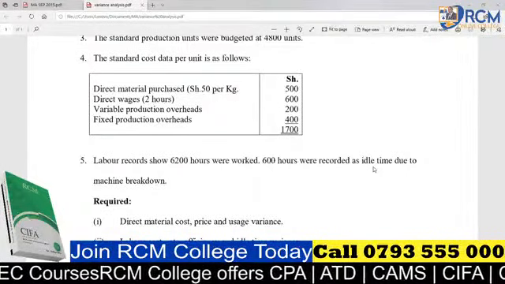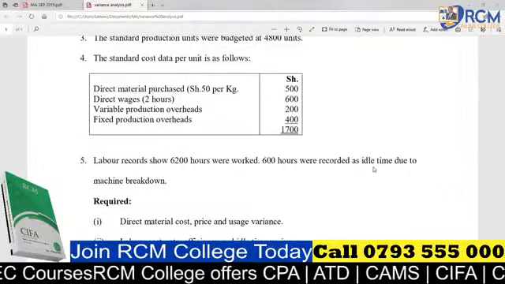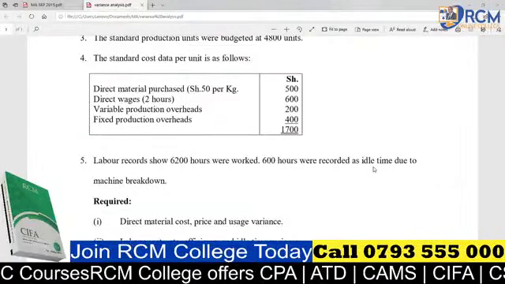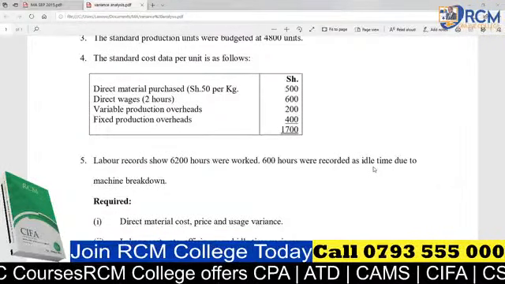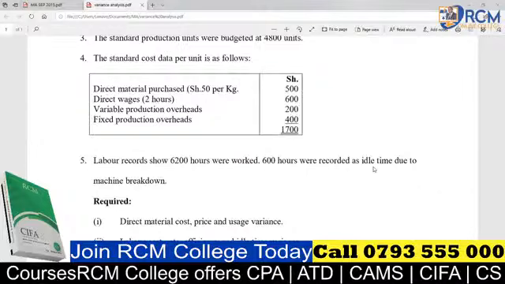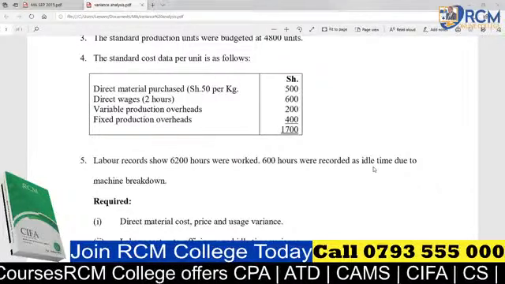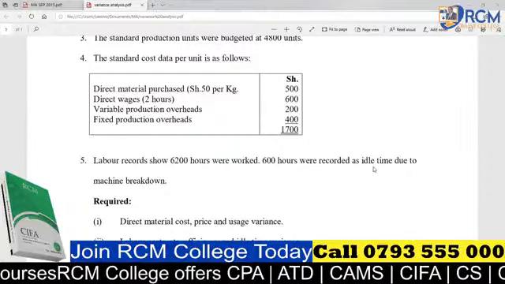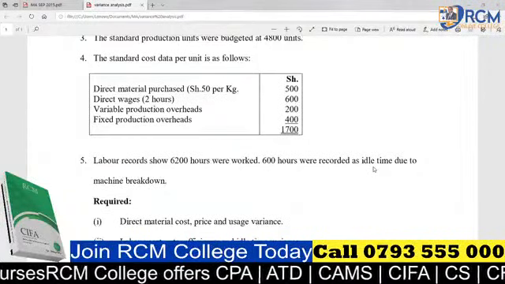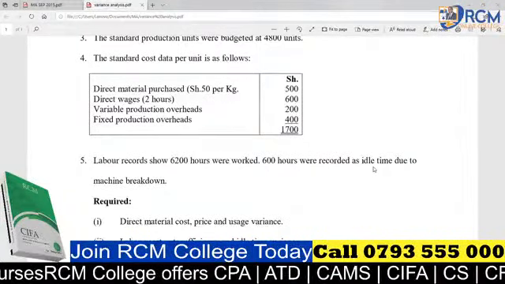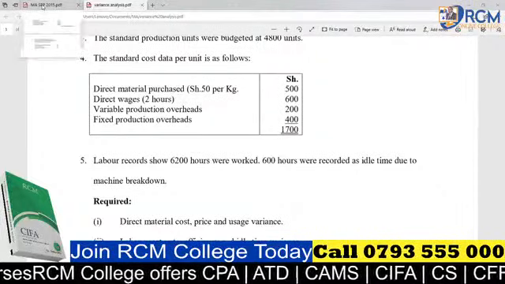But out of the 6,800, we only worked 6,200 hours. The remaining 600 hours were idle. So if you add the two, you end up getting 6,800.